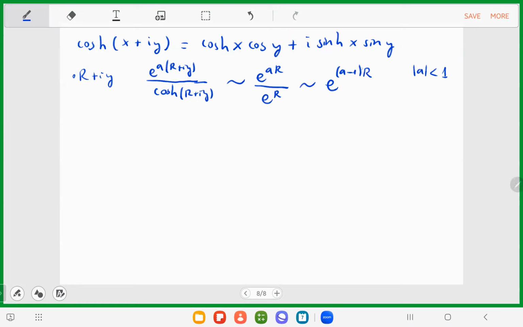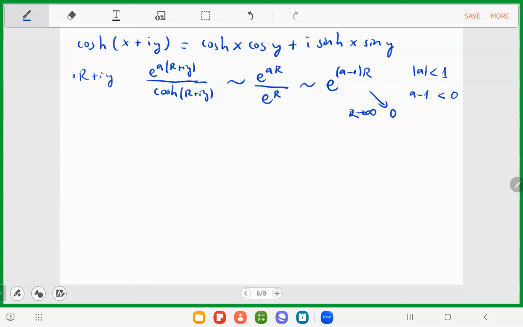And a minus 1 is going to be less than 0. If a is negative, of course, it's negative. If a is positive but less than 1, a minus 1 is negative. So for this vertical line, for y between 0 and π, when r goes to infinity, this thing will go to 0.